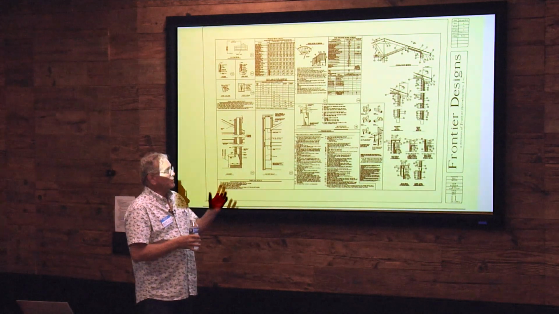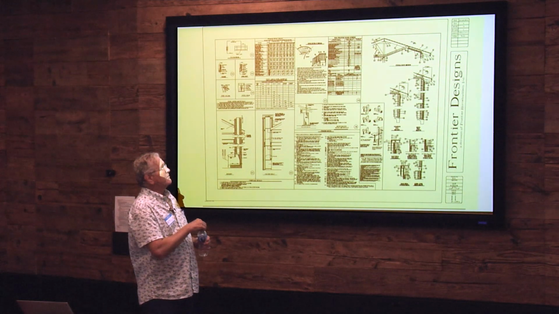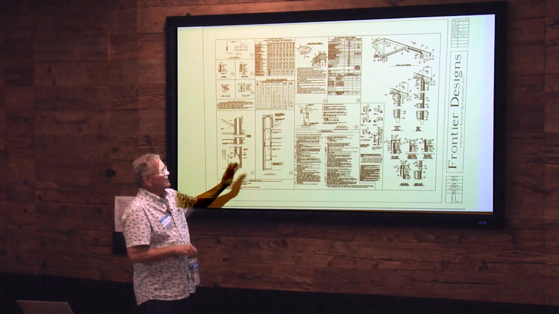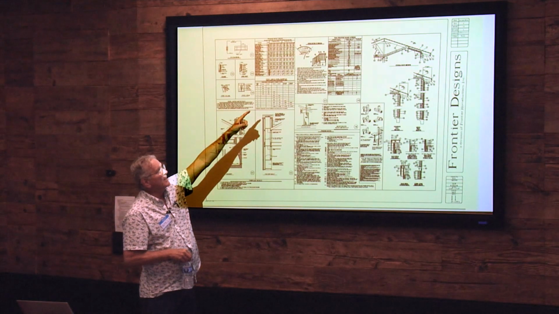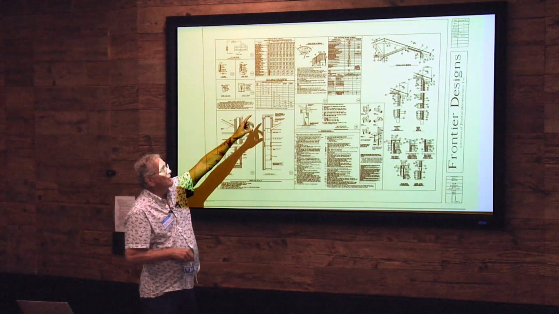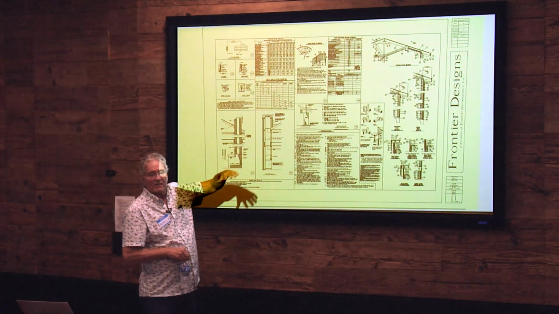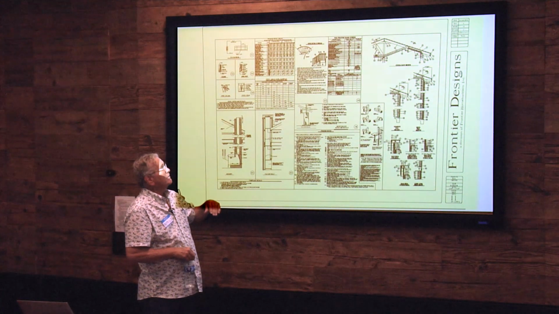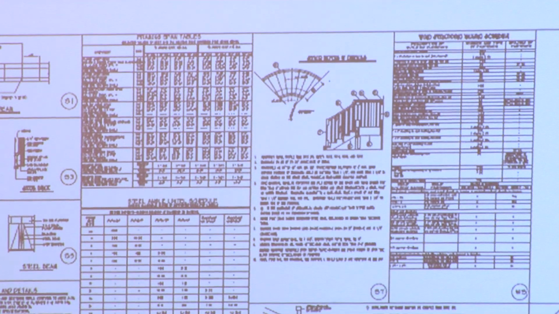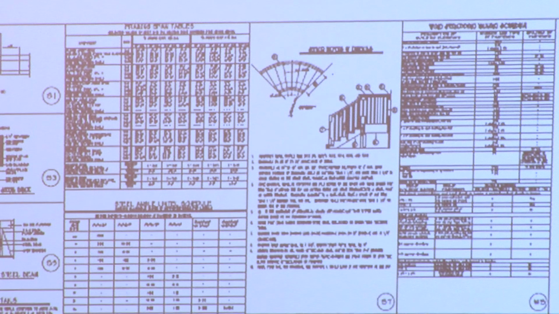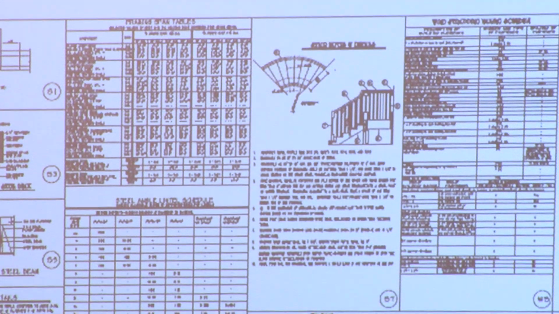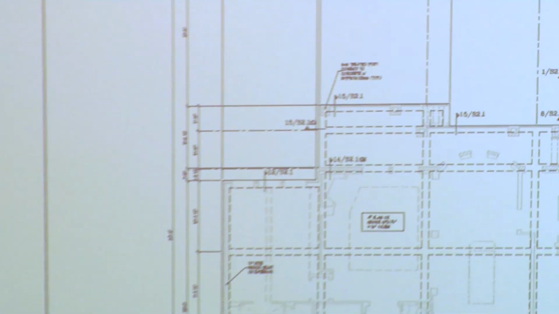So that's a little bit of the politics of that. But again, some of these details are applicable, like the stairs up there in the middle at the top. That does show the basic layout of a stair. Most framers can put in stairs without ever looking at that, that's for sure. So that detail page is a bit of a throwaway.